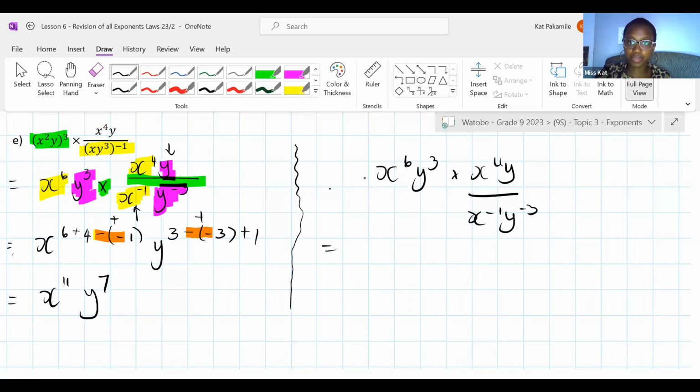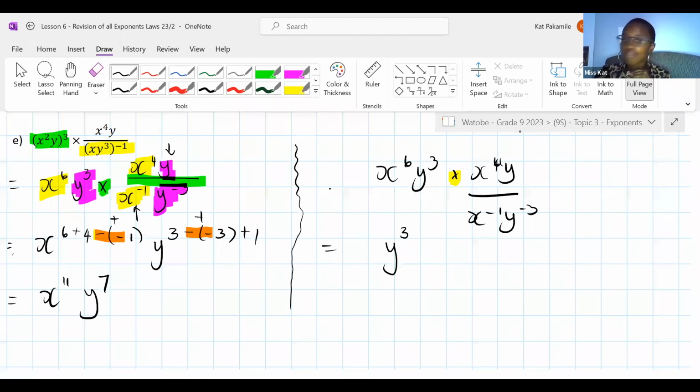Yes, ma'am. So let's deal with y. That's a 3. You agree? Yes. What is this? Multiplication, right? Yes. When we multiply, what do we do to exponents? We add them. So it's multiplied by this y over here.